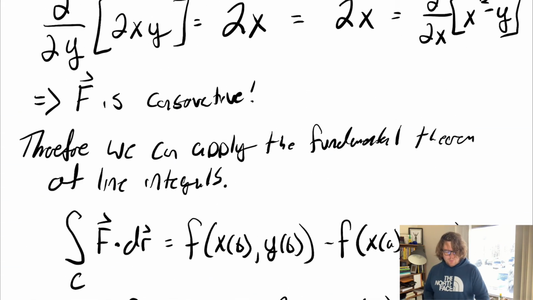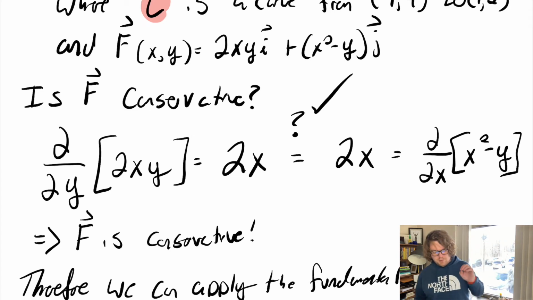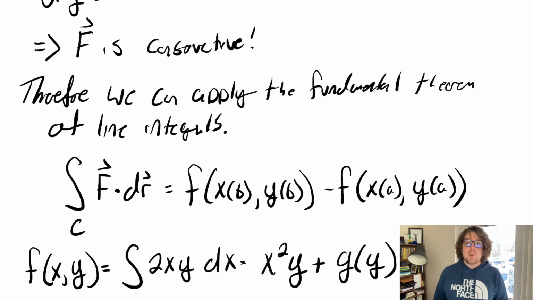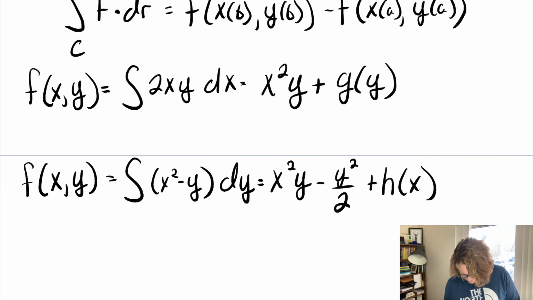And remember where the j component of our vector field came from. It was the partial derivative of our potential function with respect to y. So any function of x would vanish. So we need to include an arbitrary function of x here.